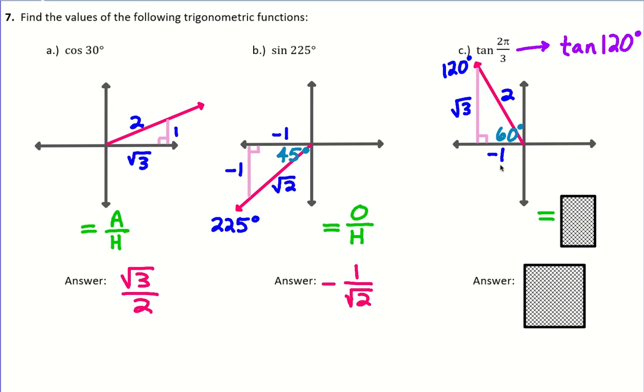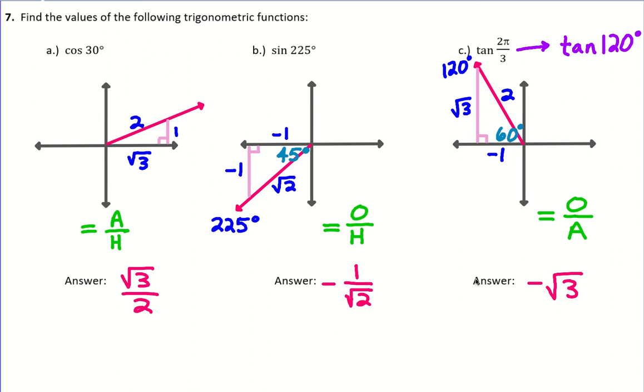And so it's another special right triangle, a 30, 60, 90. And so labeling the triangle correctly, you get 1 or negative 1 because it's going right in the negative x direction. 1, 2, root 3. And then you can go with SOHCAHTOA. So tangent would be, from the reference angle, opposite over adjacent. And so it'd be like positive root 3 over negative 1, which just simplifies to this.